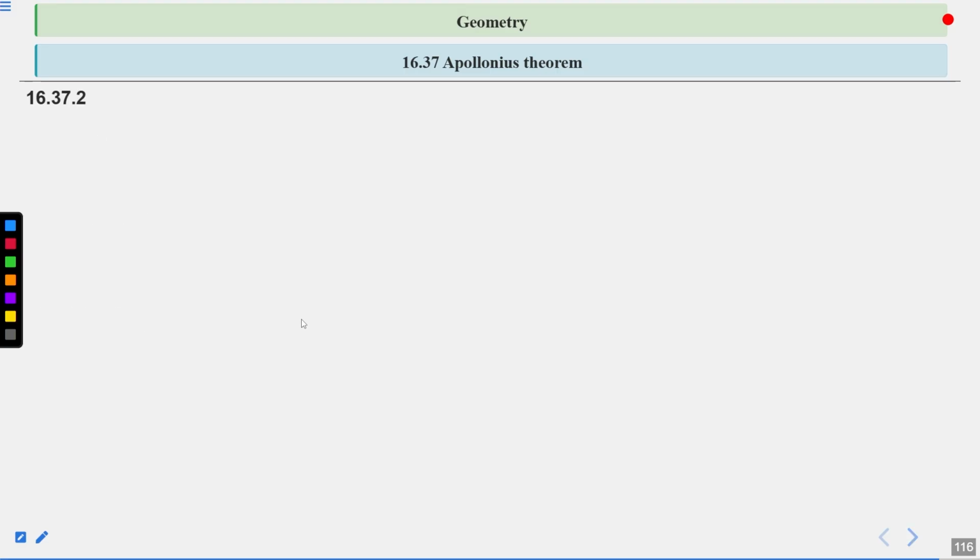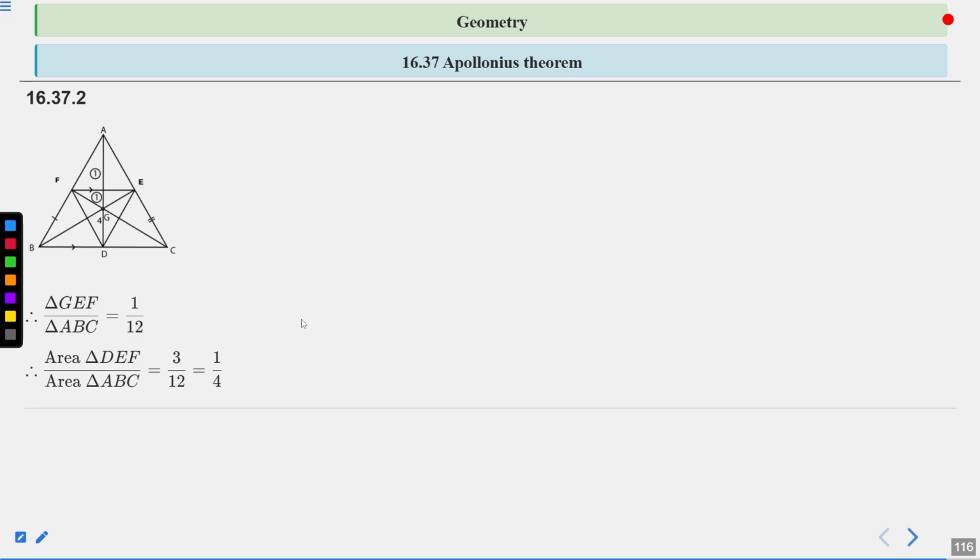Next one is, by this diagram we can say that the ratio of the area of triangle GEF to the area of triangle ABC is 1/12. So the ratio of the area of triangle DEF to the area of triangle ABC becomes 3/12, which equals 1/4.